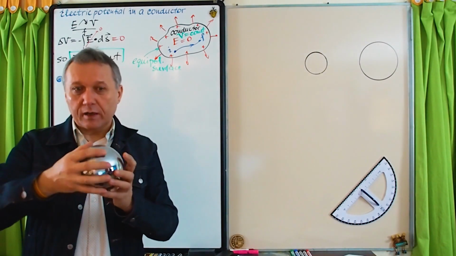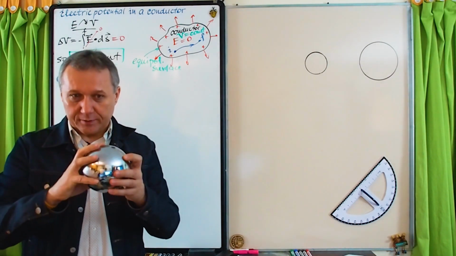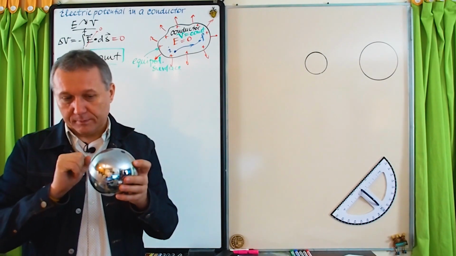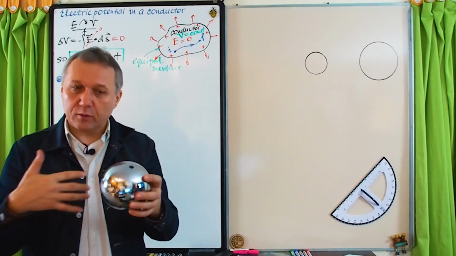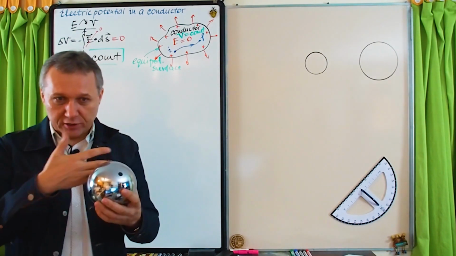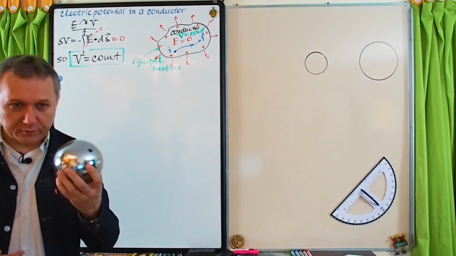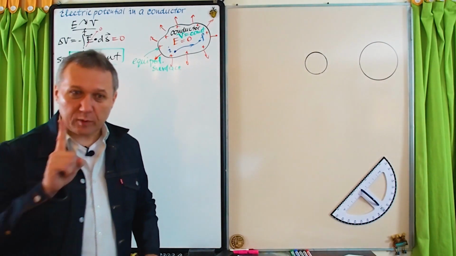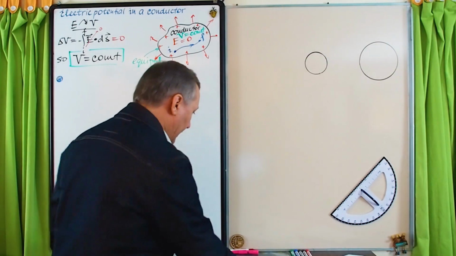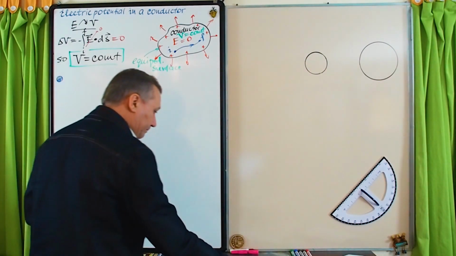Let's assume that we have a charged metal sphere. And I want to plot how the electric field changes with position and how electric potential changes with the distance from the center of the metal sphere. Because again, we will need that in our problem, and that problem is in your homework.